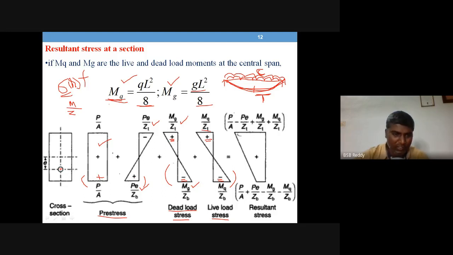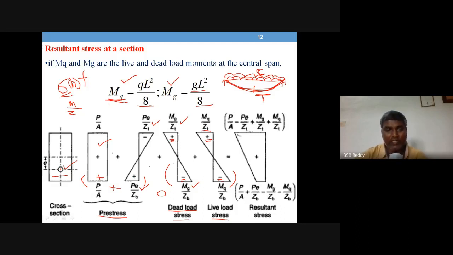If you don't have this pre-stress at bottom, there will be tensile stresses at bottom, you will be designing for steel, to place the steel at bottom. Now if you make these tensile stresses zero, you don't need to place the steel at bottom. This is the purpose of the pre-stress induced in the concrete.